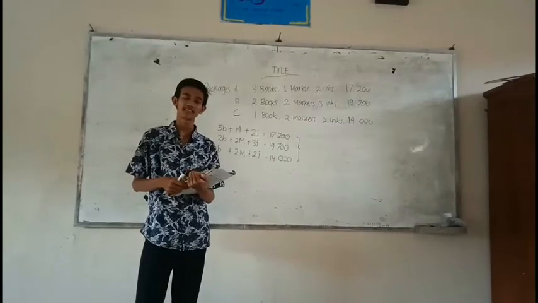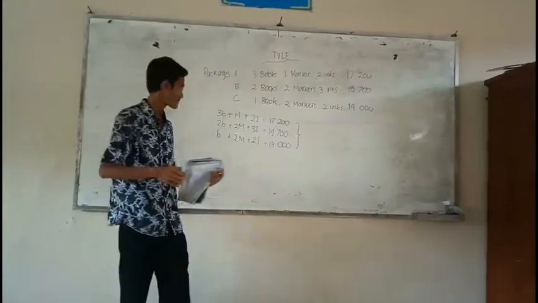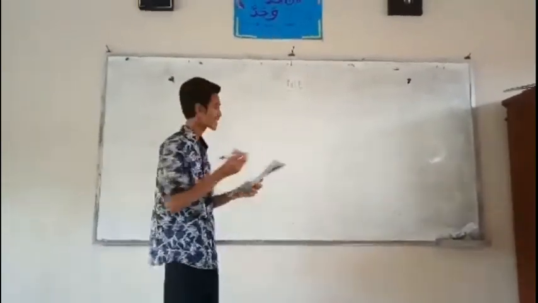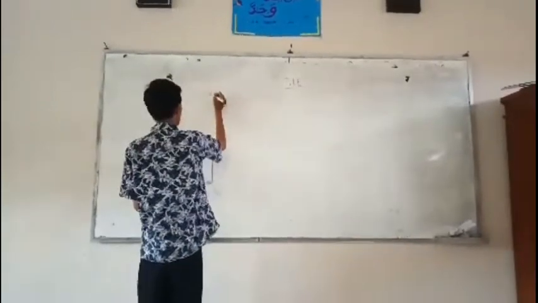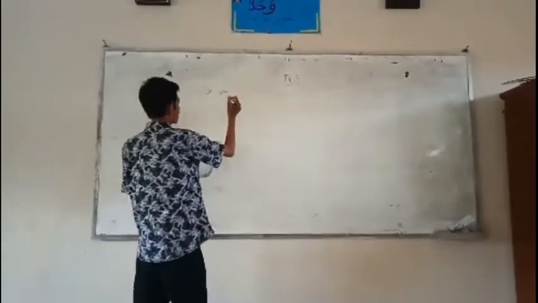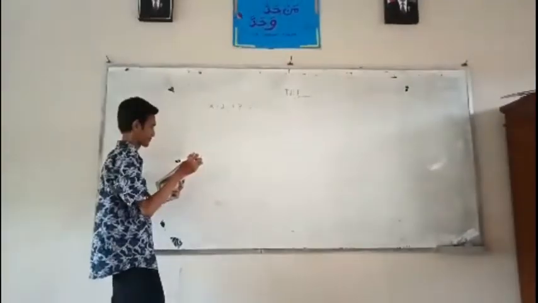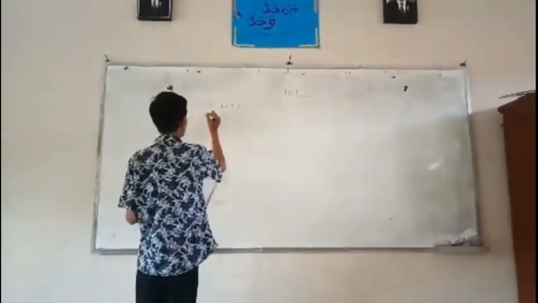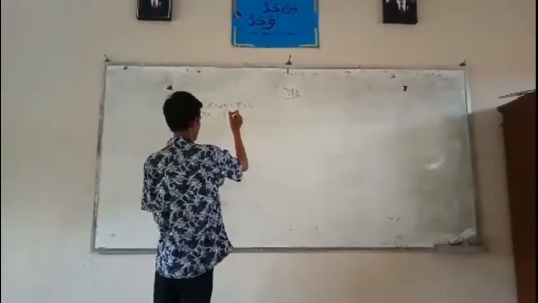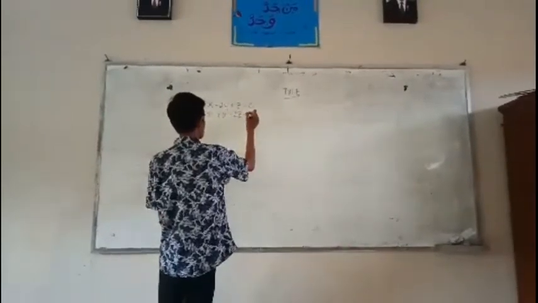Now, for example, number 2. Given equations as follows: x minus 2y plus z equals 6. 3x plus y minus 2z equals 4.